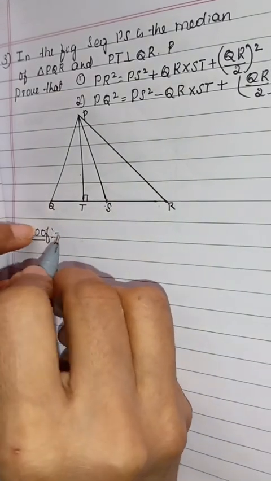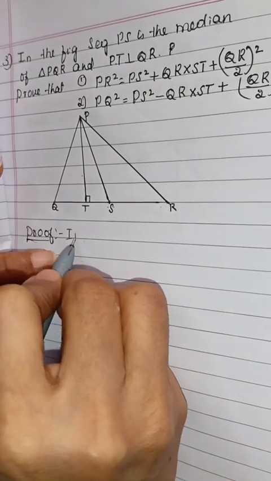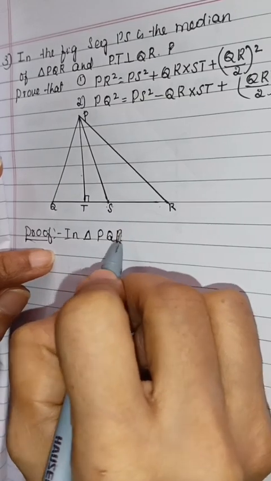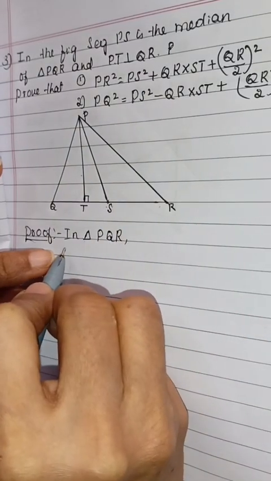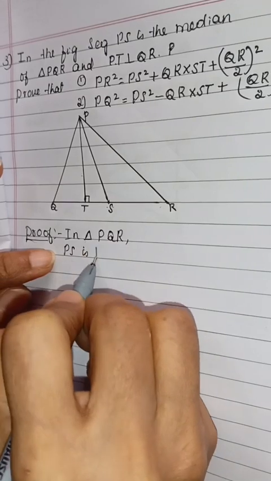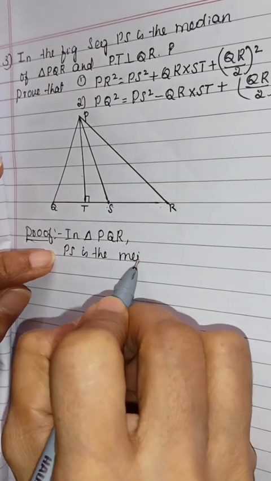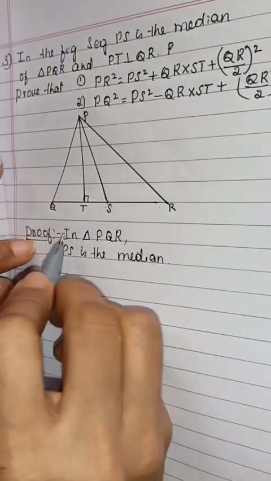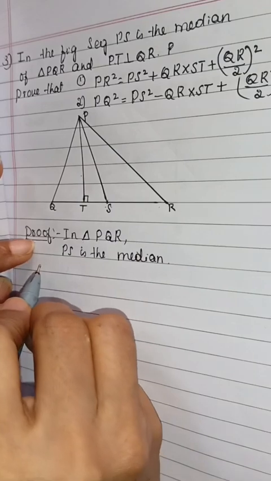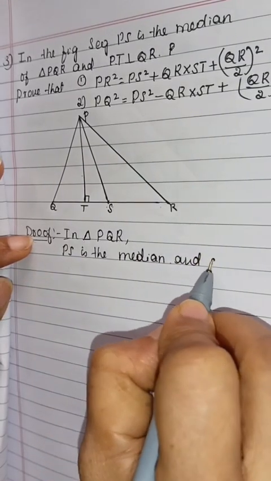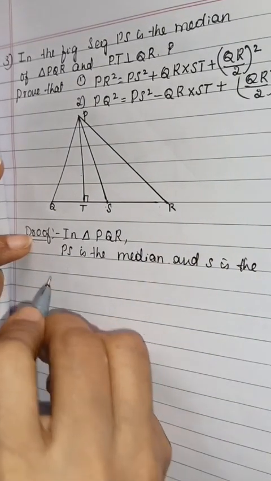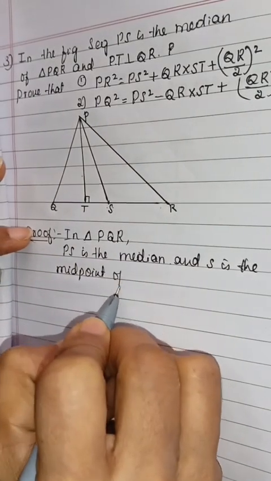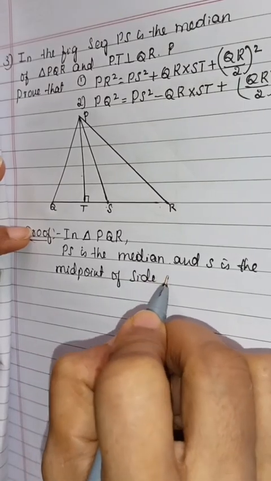So let's write that first. In triangle PQR, PS is the median. Point S is the midpoint of side QR.